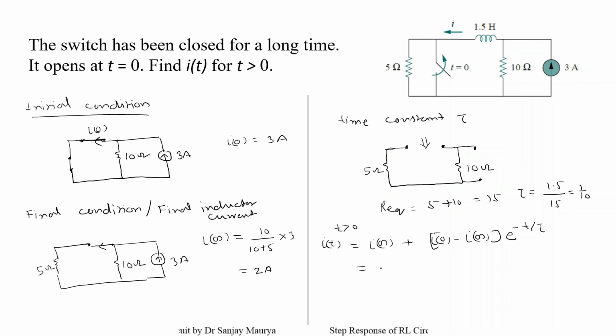I infinite is 2, I0 is 3, minus 2, e to the power minus 10t. So this will become 2 plus e to the power minus 10t. So this is the response of the electrical circuit. Thank you.